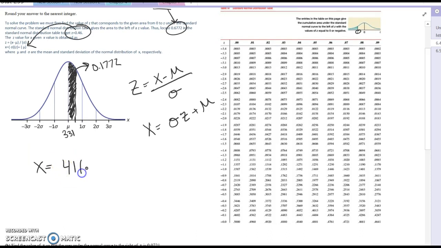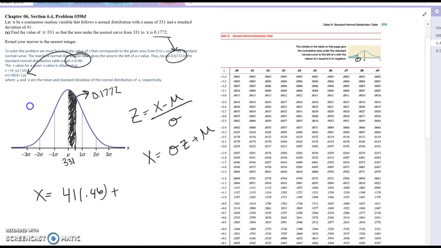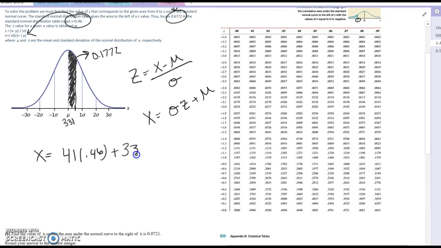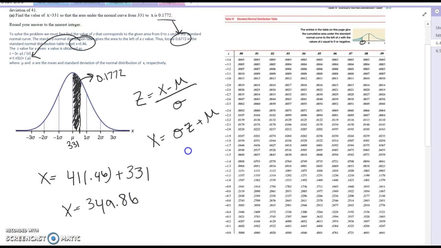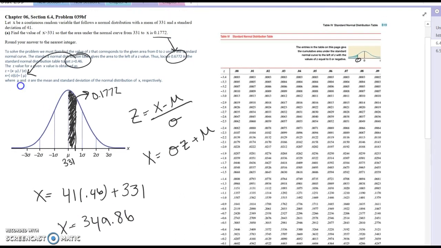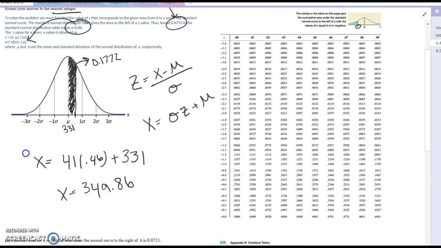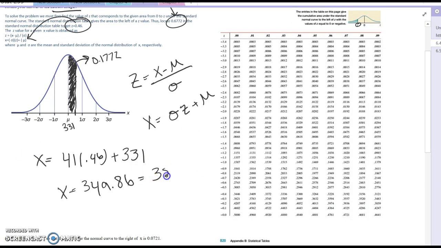So 41 times 0.46 plus 331. So I get x to be 349.86. And I'm not for sure, yeah, round to the nearest integer. So it would actually be 350.